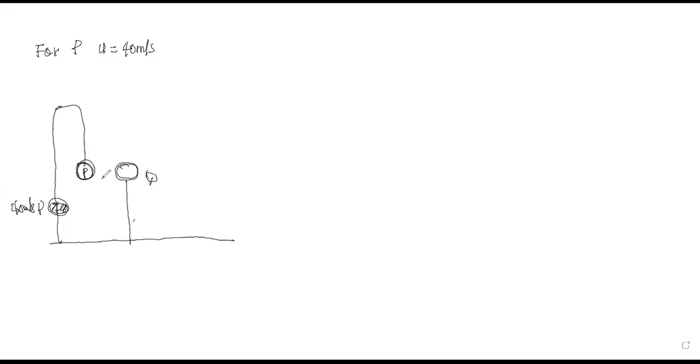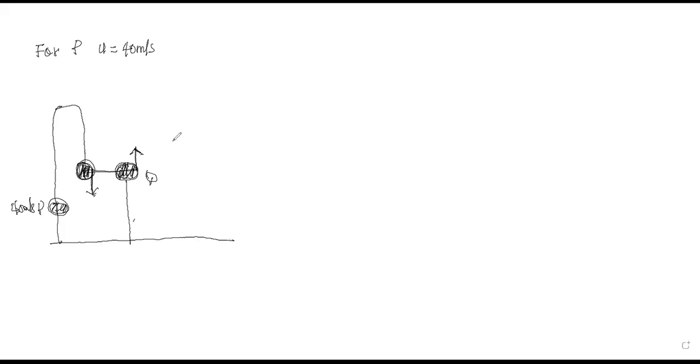So I'm assuming this is the point where they are meeting each other. One has a direction downwards, and the other one has the direction upwards. So they can only meet at this condition. Are we okay?